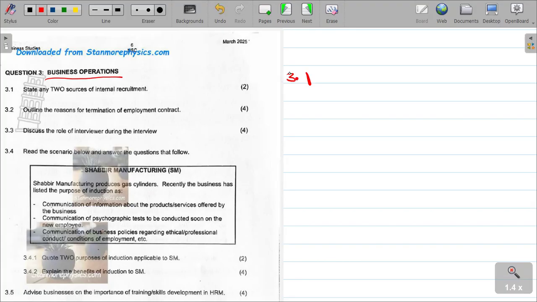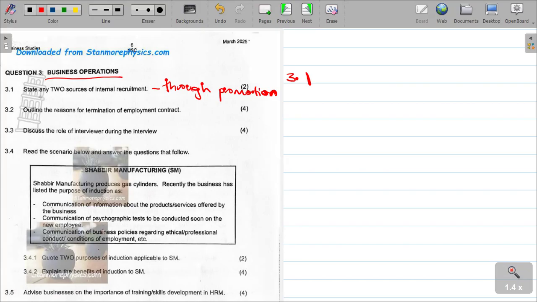Internal recruitment is all about, right? It is through promotion, when you are promoting an individual, right? When you are promoting an employee to a higher position, that's what you call internal recruitment, which is recruitment within an organization.